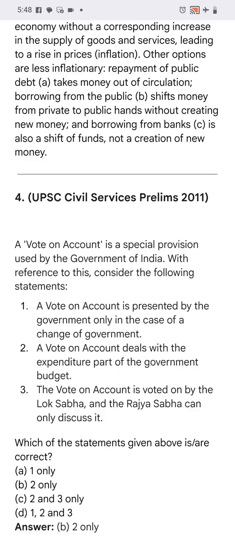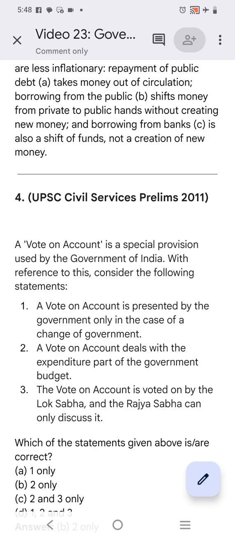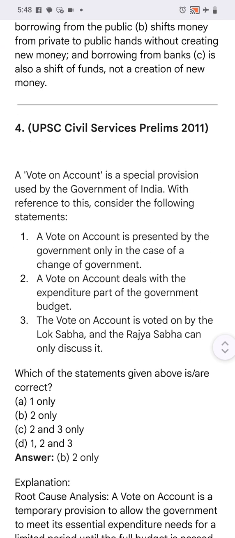Three: the vote on account is voted on by the Lok Sabha and the Rajya Sabha can only discuss it. The answer is that a vote on account deals with the expenditure part of the government budget. So two only.